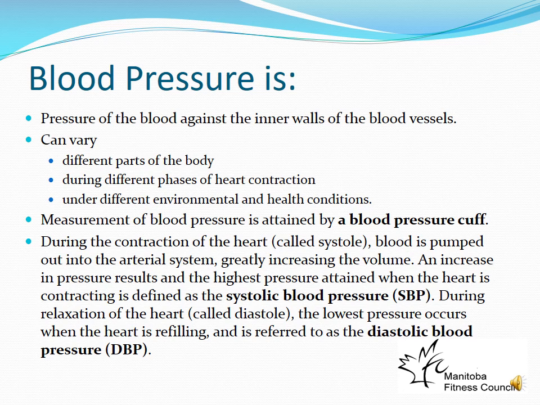So 120 over 80. 120 is the amount of pressure in millimeters of mercury, the highest blood pressure, and that's the systolic blood pressure while the heart is contracting. The lower number, in my example, is 80 millimeters of mercury, and that is going to be the lowest blood pressure because the heart is relaxing, it's in between beats, and blood is filling back up into the heart.